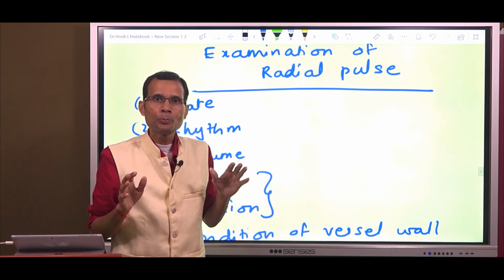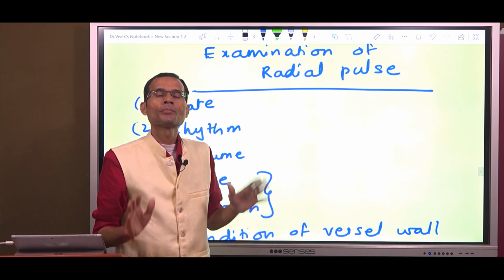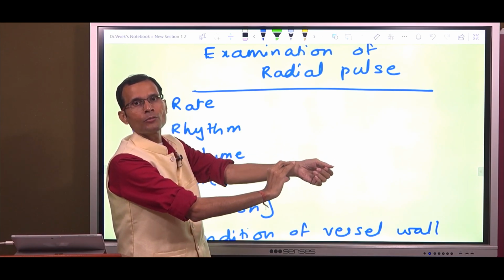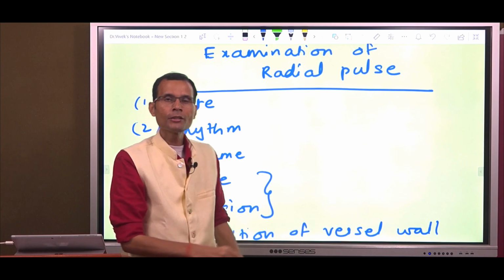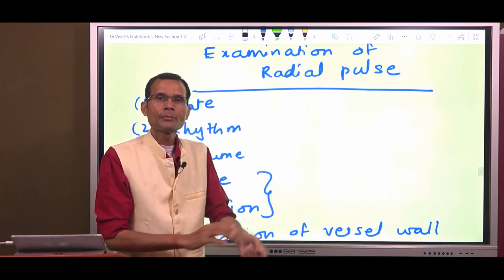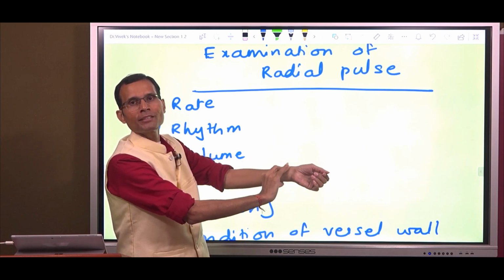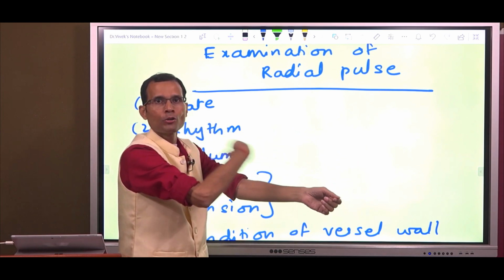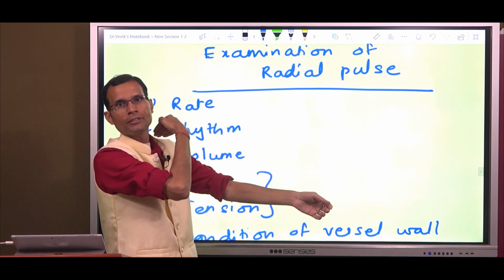Now, to prevent this mixture, the third finger is applied, the ring finger or the distal finger. So you can answer like this: to prevent the retrograde pulsations. This is orthograde, onward pulsation; this is retrograde pulsation.